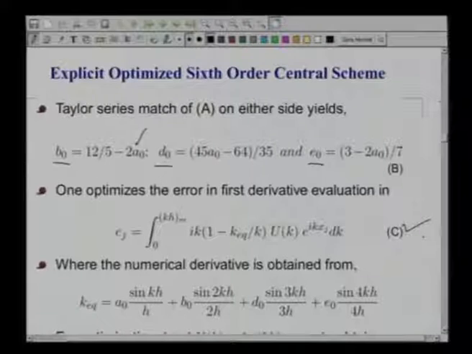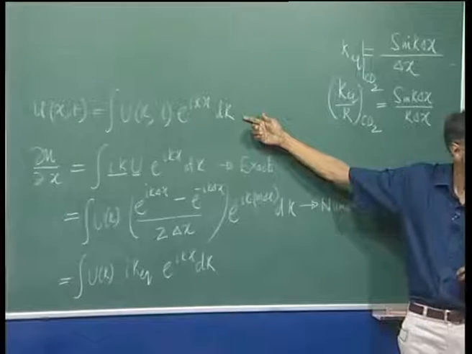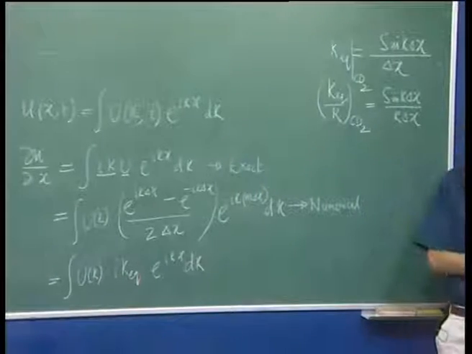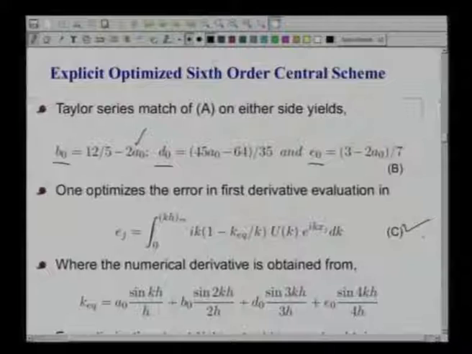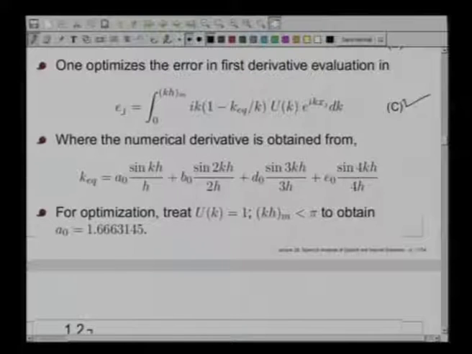Now, we have the expression here, and we can use that in the expression for the derivative that we have written in the previous slide, as we can see here given in this equation.